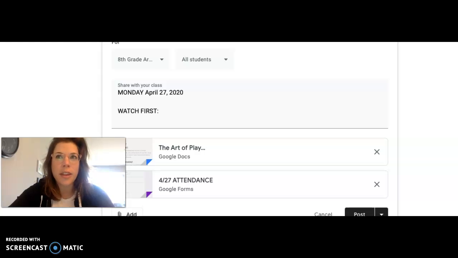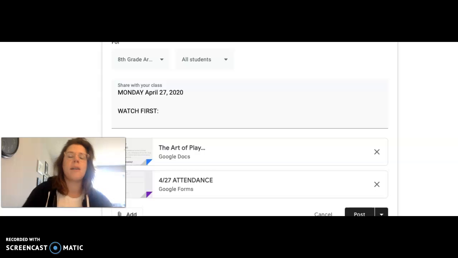I also want to say a few things about today and a few announcements about this week. First thing, which I was just made aware of by our principal, is that May 1st through May 4th, there's no instruction. And I believe that came from the governor. I think maybe they're working on some planning.